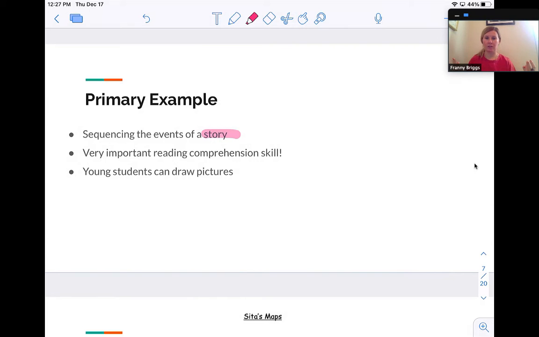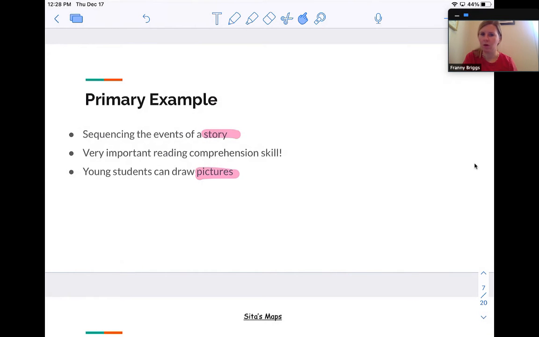When students hear a story, when they hear a series of events, their ability to tell those events in order is a very important developmental reading comprehension skill. The nice thing about sequencing frames is that you can also draw pictures. You don't have to use words in the boxes, especially for primary, and I'm going to cover that in my example.